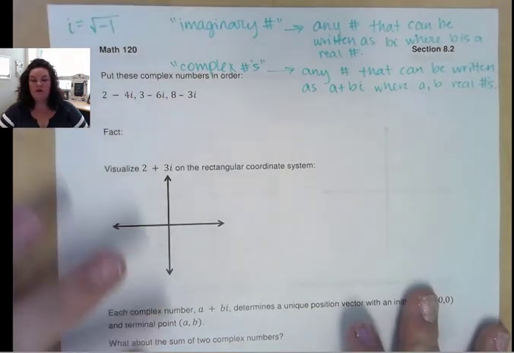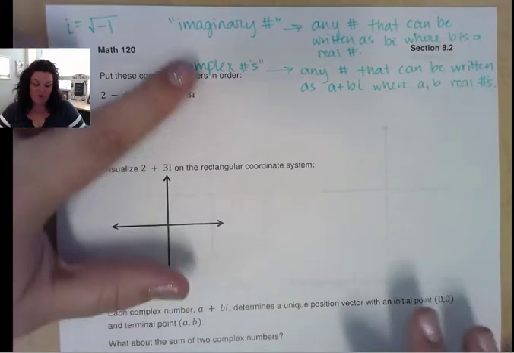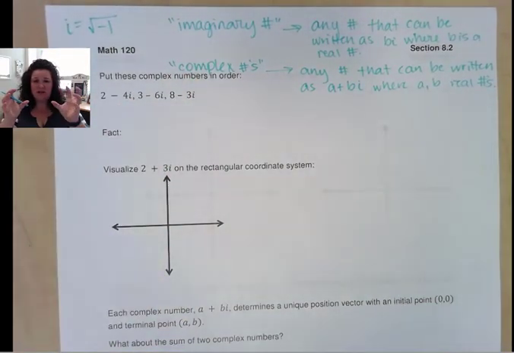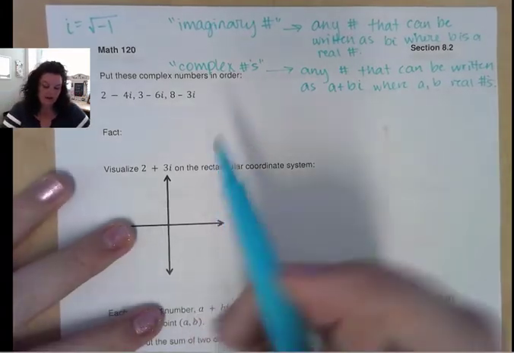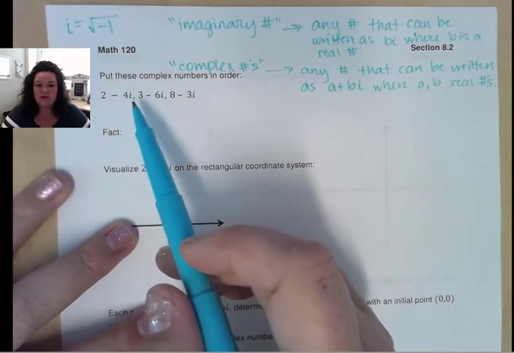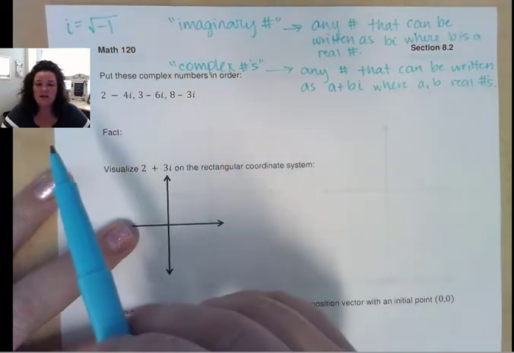So imaginary is just one individual term that has an i. So i, negative i, 2/3 i, square root of 2 i. Okay, those are all imaginary numbers. Complex numbers is when we have a real term added or subtracted with an imaginary number term, right? So here's some examples of some complex numbers. If we have 2 minus 4i, 3 minus 6i, 8 plus 3i, these are all complex numbers.